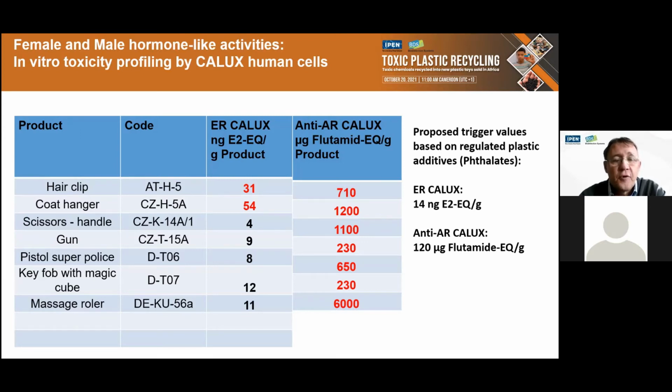Then you see here that in case of the female hormone activation, the hair clip and the coating are higher than those proposed trigger values from us. And in case of the inhibition of the male hormone, the anti-AR assay, even all of those plastics and consumables would be above such a proposed trigger value.